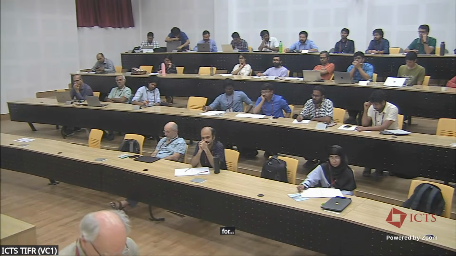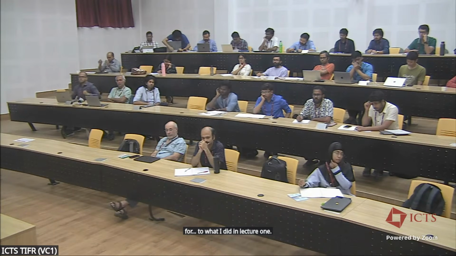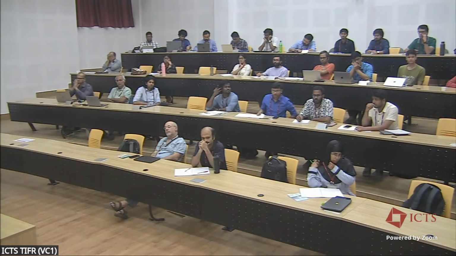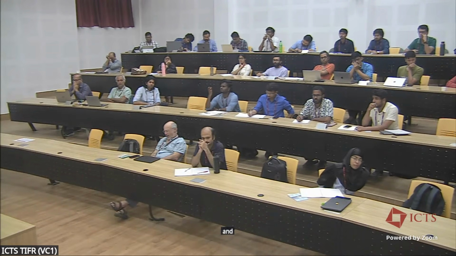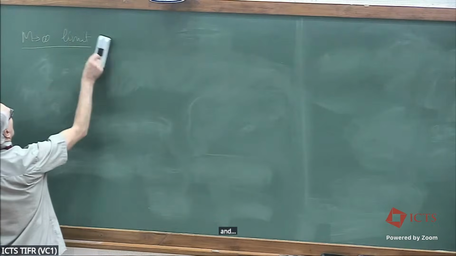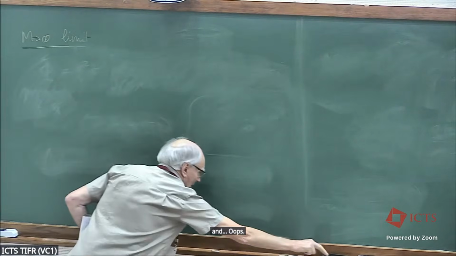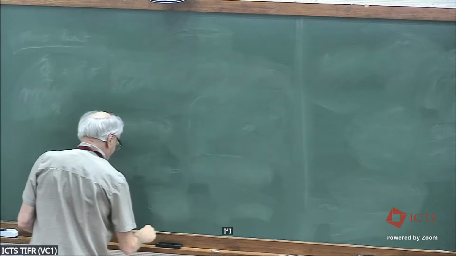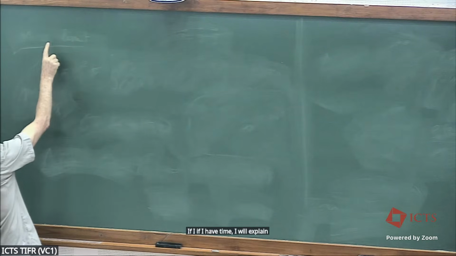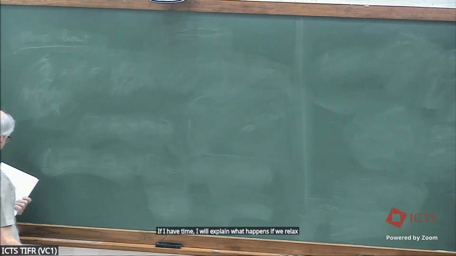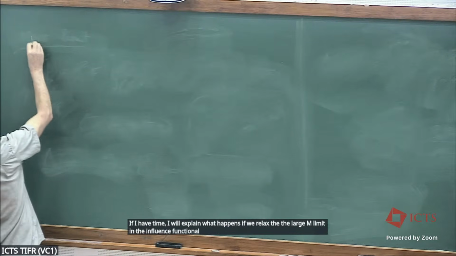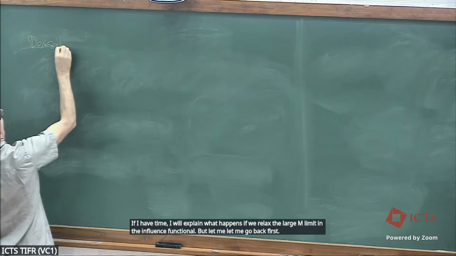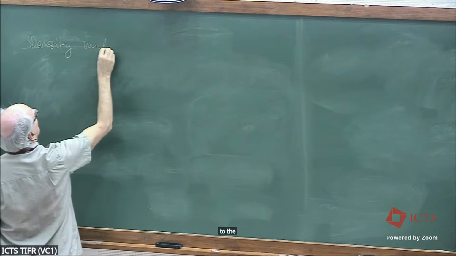So let me go back to what I did in lecture 1. If I have time, I will explain what happens if we relax the large M limit in the influence functional. But let me go back first to the density matrix.